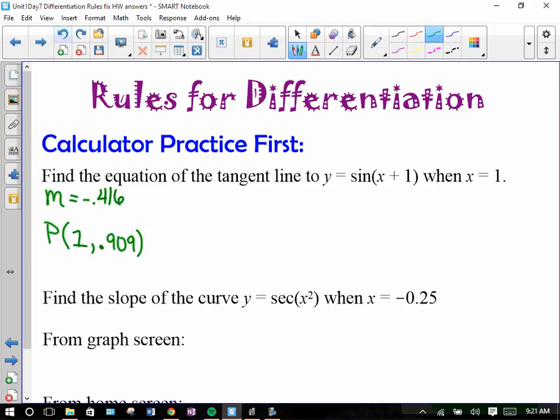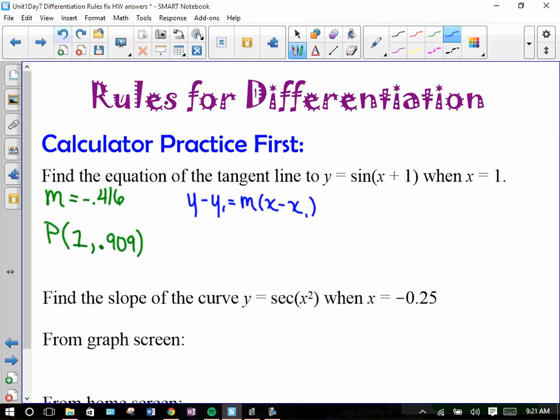We know our slope, we know our point. Now we're going to use point slope form: y minus y1 equals m times x minus x1.